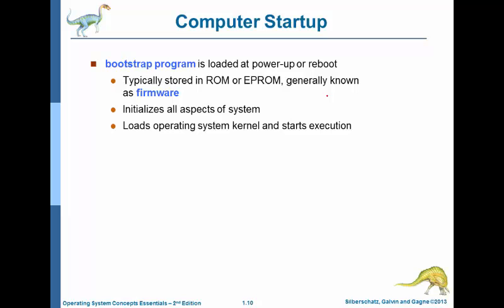And then it goes to ROM. If there is a ROM, then the ROM program is run. Whatever is in the ROM gets executed, and in the ROM there is a bootstrap program.